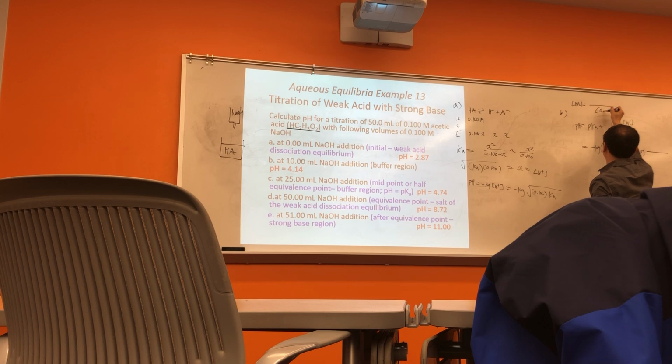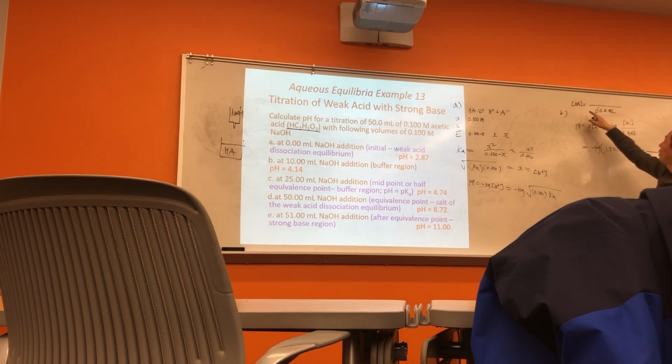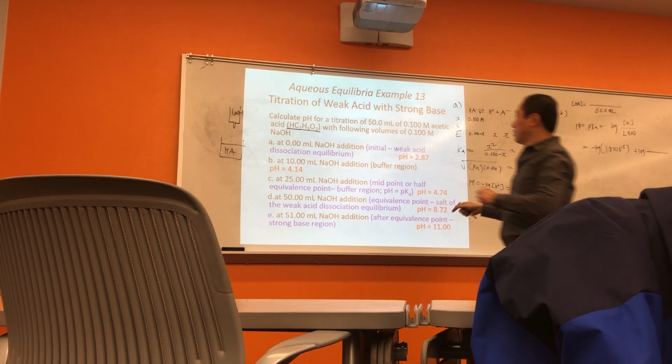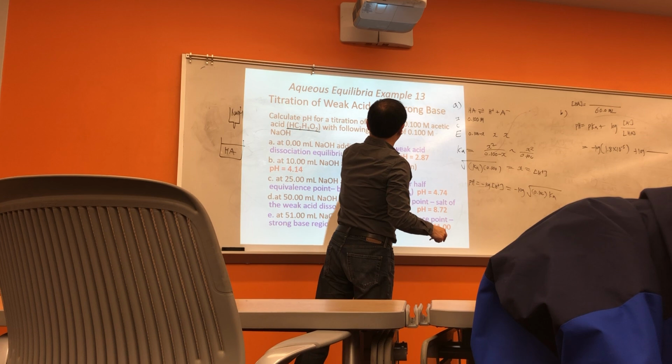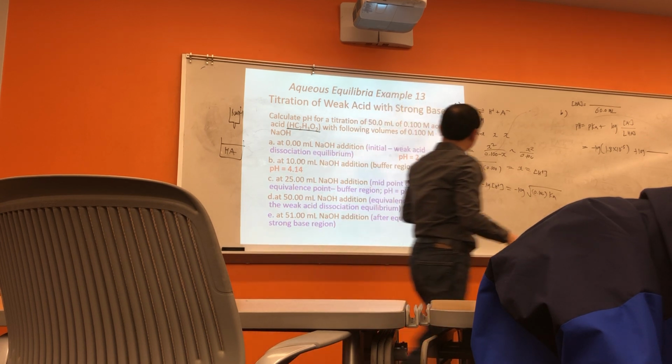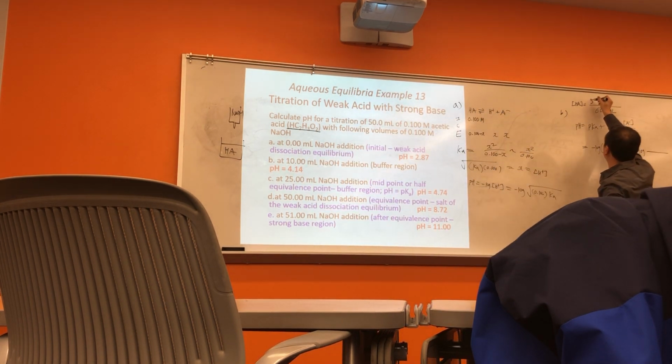In 60 milliliter, now you have to find out how many millimoles of HA there are. Well, initially you multiply, and it's 5 millimole.